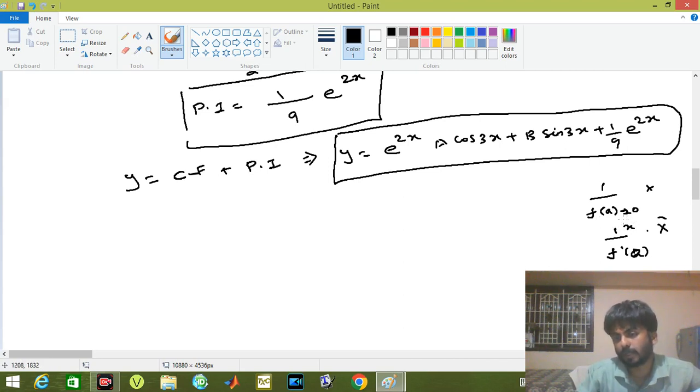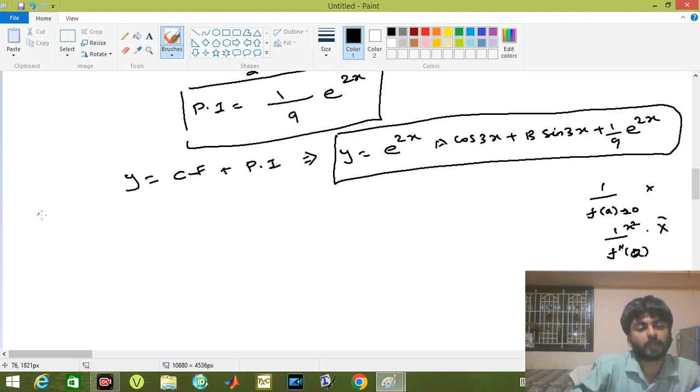If once again your denominator becomes 0 after you replace D by a, again you have to multiply it by x, so it will become x square and the denominator will become f double dash of a. So that is the concept we are going to apply in the upcoming problem.